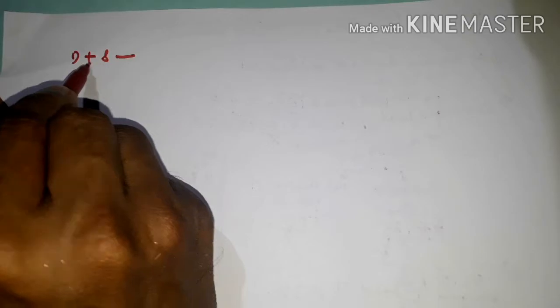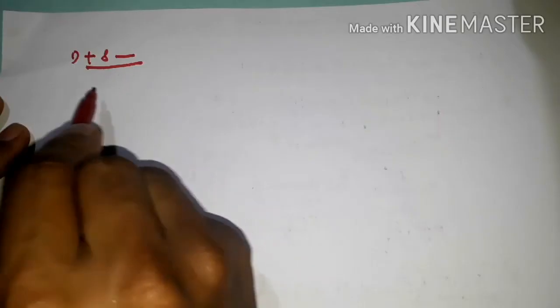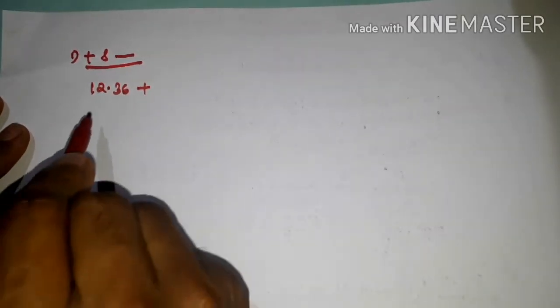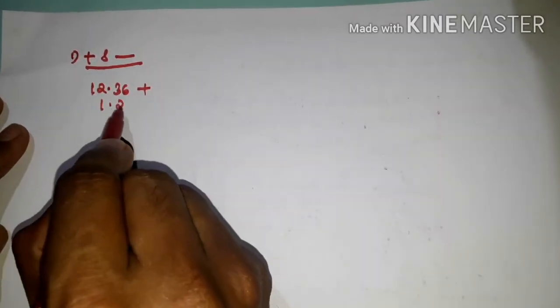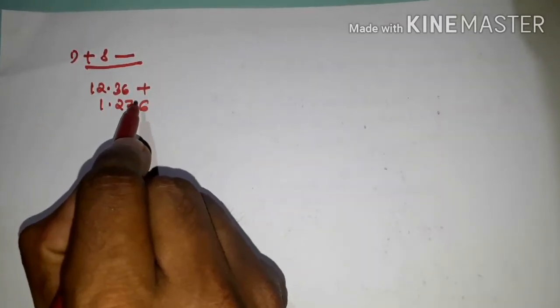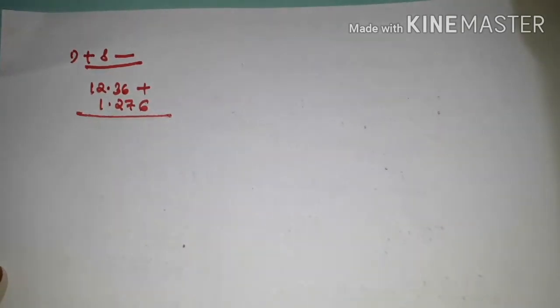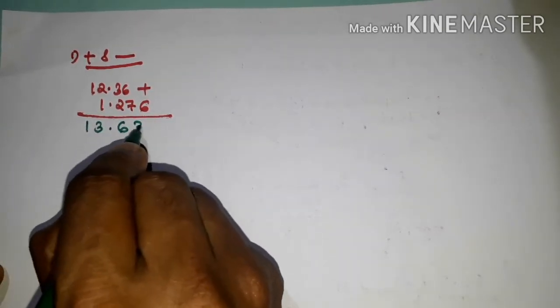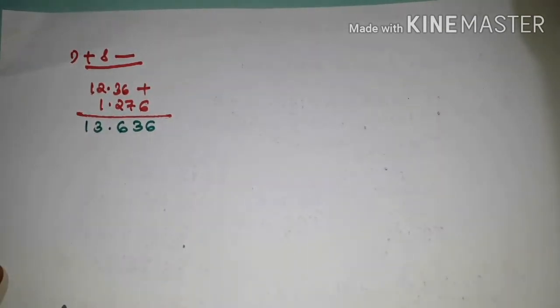Calculation based on significant figures. First, addition and subtraction. Add 12.36 plus 1.276. The sum is 13.636.